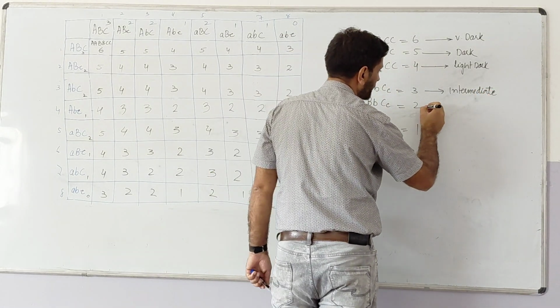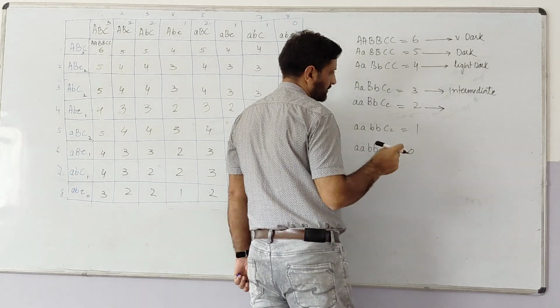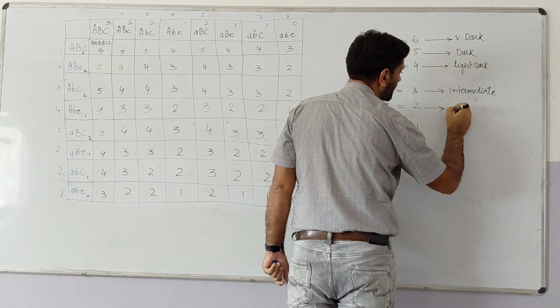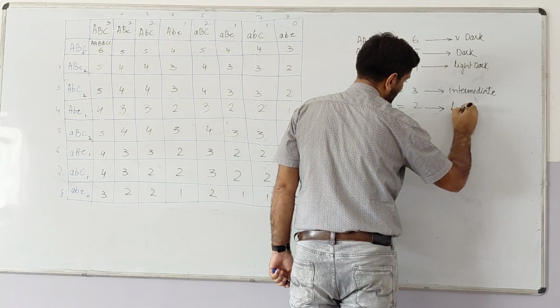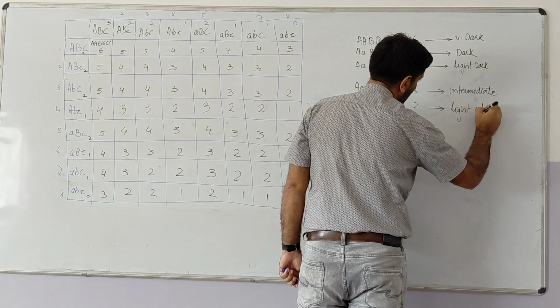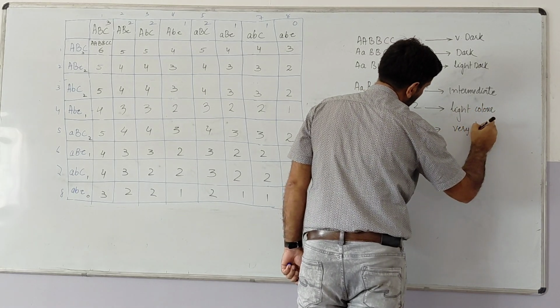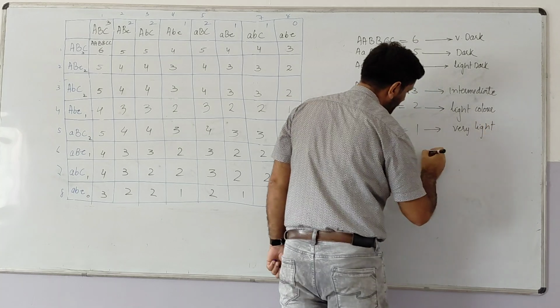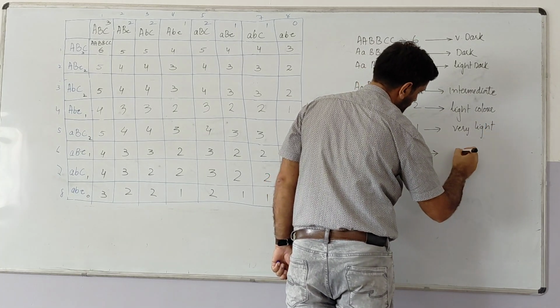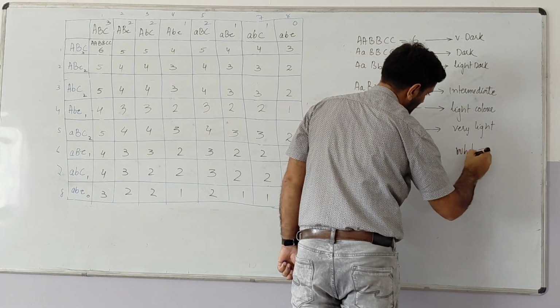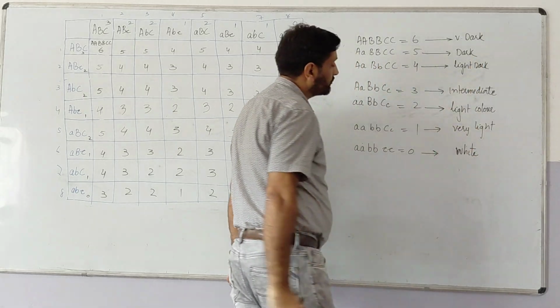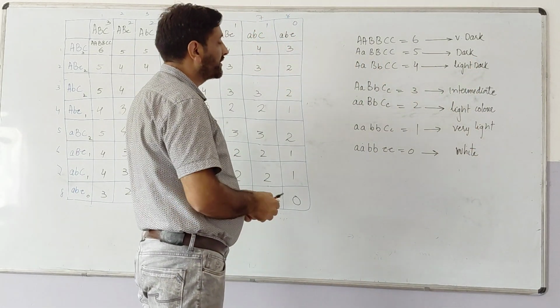This will be light color. This will be very light color. And this will be white. This is white color. So in this color we have so many different traits.